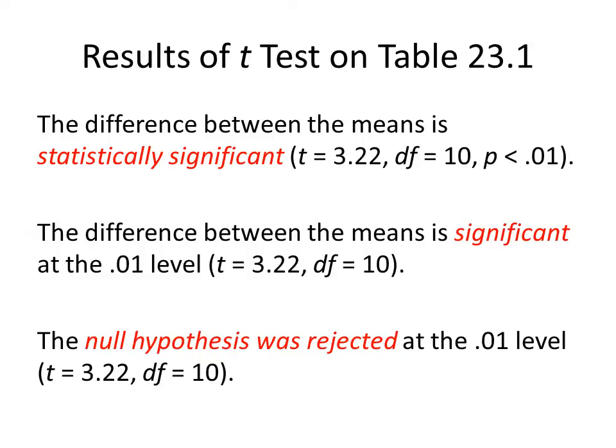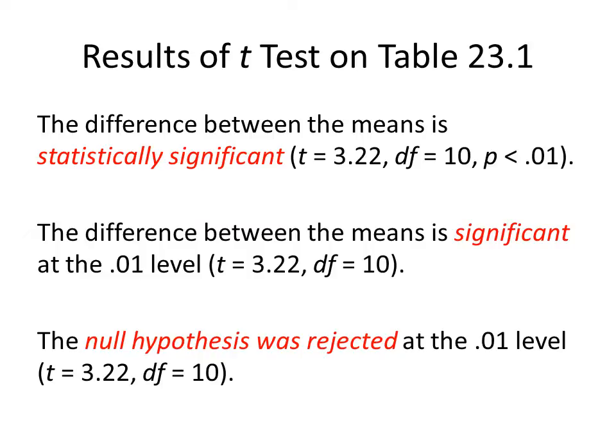And then if you look at the third statement, we actually say the null hypothesis was rejected, which of course means the same thing as saying that the results are statistically significant. So we say the null hypothesis was rejected at the 0.01 level.